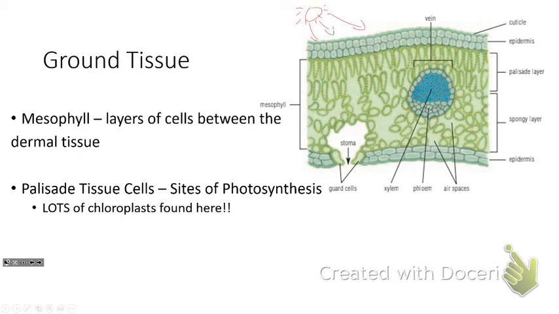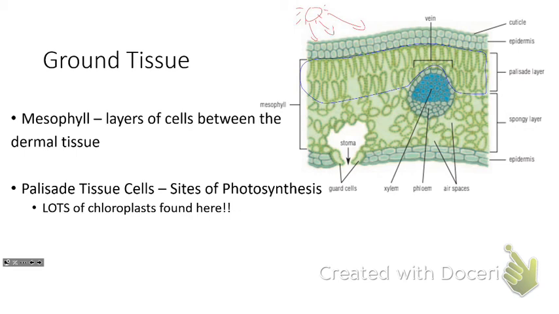So why would we have lots of palisade tissue cells up here and not as much down here, especially if we're taking into consideration the light is striking from the top? Maria, what do you think? Because you need light for photosynthesis, and that's where photosynthesis takes place. So if it was on the bottom, it wouldn't get as much light, so it wouldn't work well.